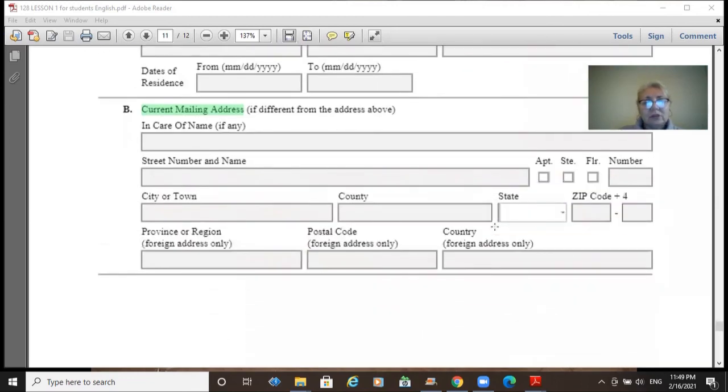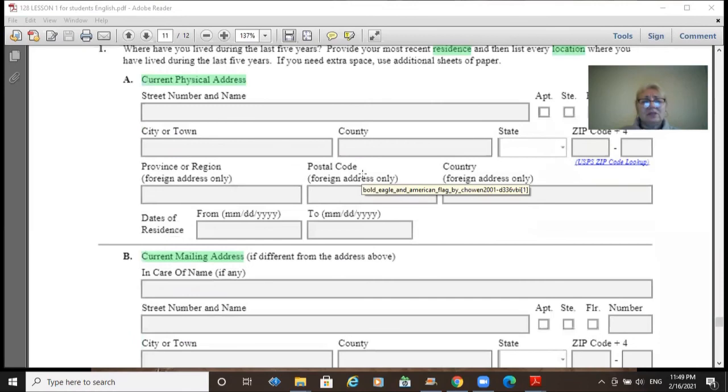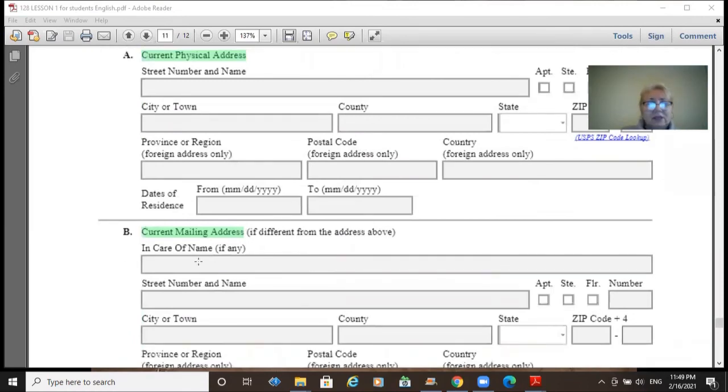They may also ask you if your current mailing address is the same as your physical address, or they can just say, is your mailing address the same? And if you get your mail at your address, physical address, you just say yes.